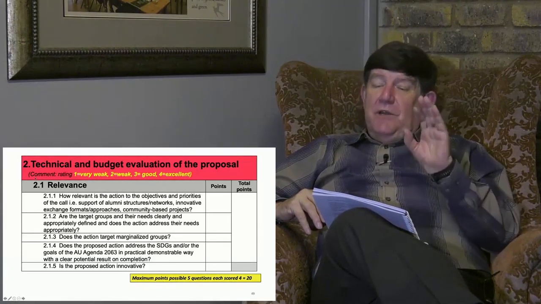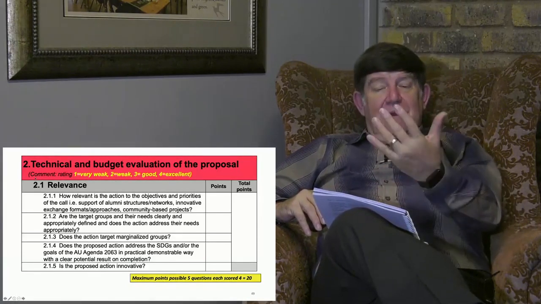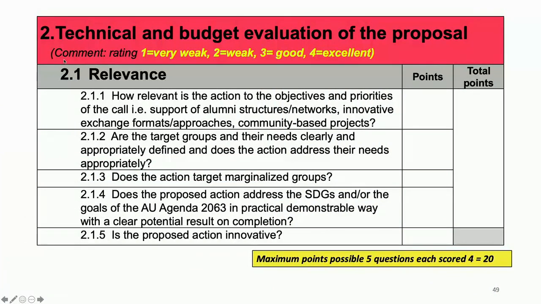Here, once again, when reading your proposal, what will your score be? Weak, good, or excellent? For this part, 2.1, you can score a maximum of 20 points. 5 questions, 4 maximum score, so you can score 20 points here.